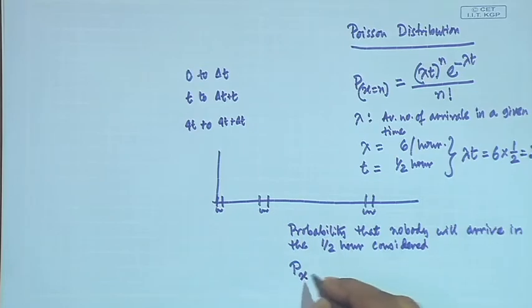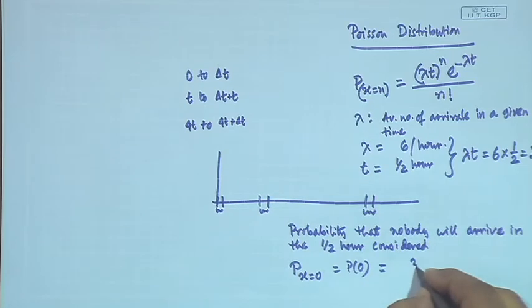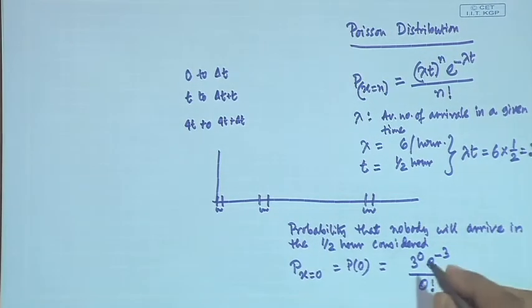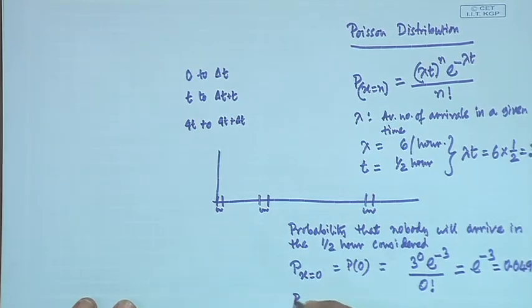Probability of x equal to 0, sometimes simply written P0. So, P0, with lambda t equal to 3, will be 3 to the power 0 e to the power minus 3 divided by factorial 0. Now, you see 3 to the power 0 and factorial 0 are both 1. So, it all comes to e to the power minus 3, and that value I have got here, that is 0.0498. So, what will be P x equal to 3?